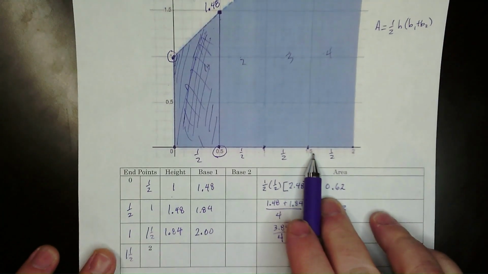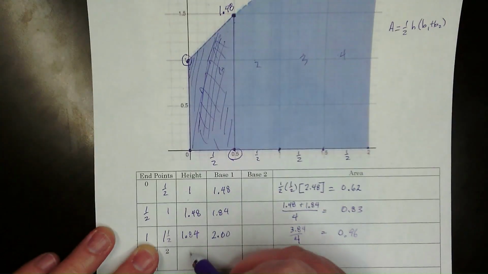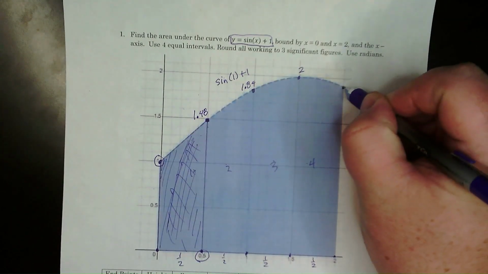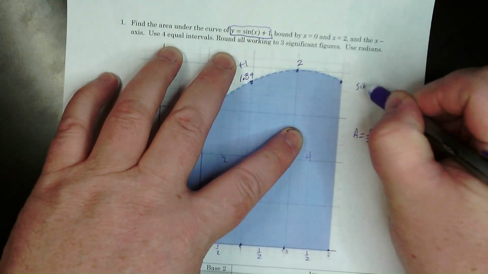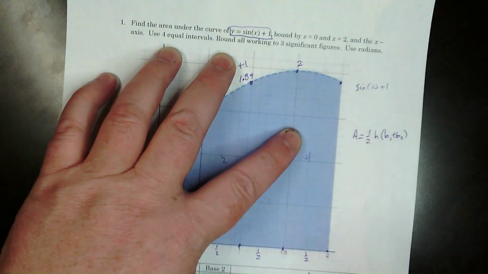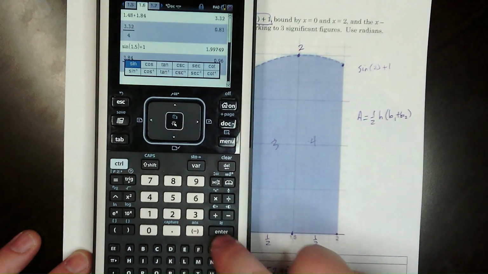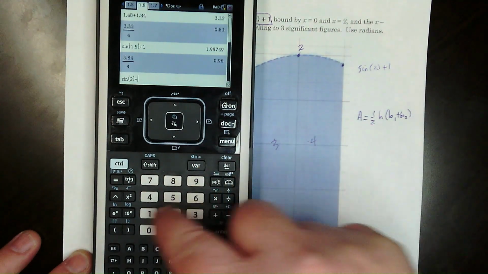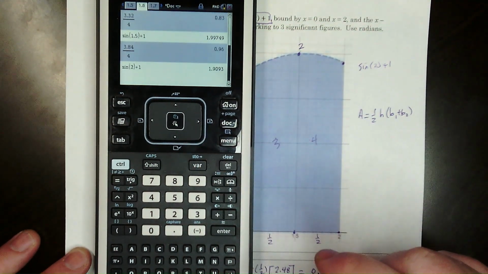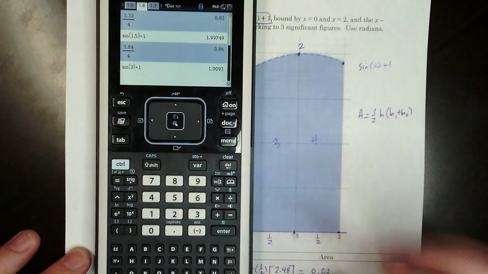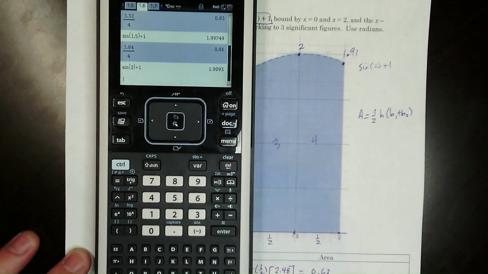It goes from 1.5 to 2. Now we know that this first height is 2. We've got to figure out what this point is right here. The way we're going to do that, we're going to plug in 2. Sine 2 plus 1 is 1.91, because we're going to round.